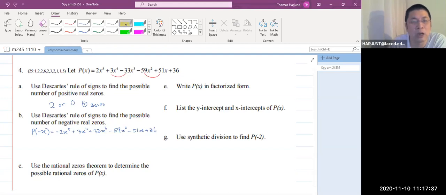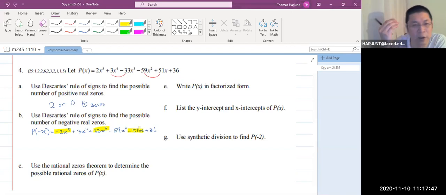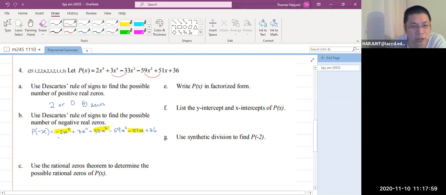You see that I only change the sign if the exponent is odd. You're supposed to plug in x becomes negative x and then simplify. But you will see that if you replace x by negative x to the even power, then the sign will stay the same.